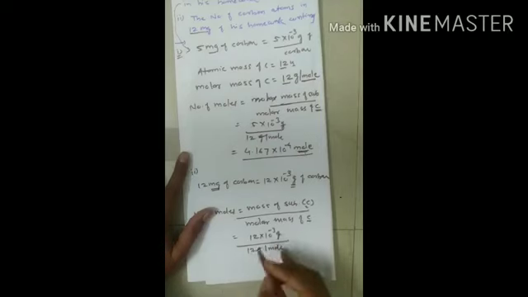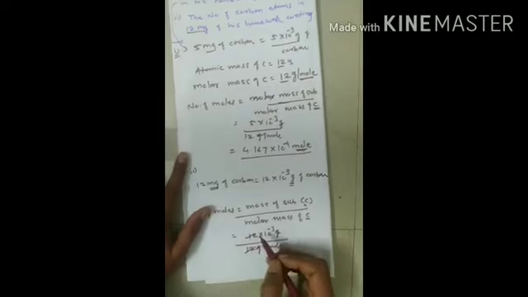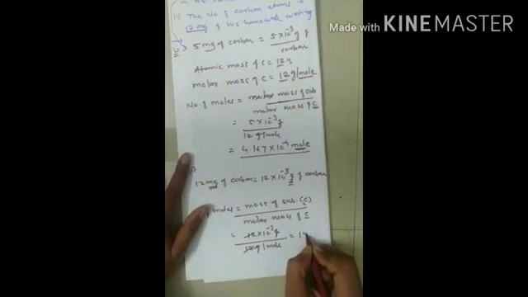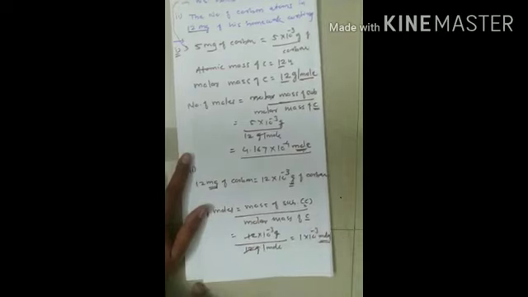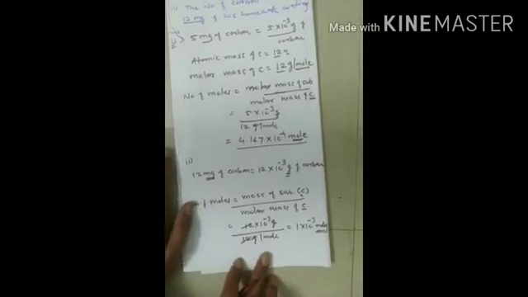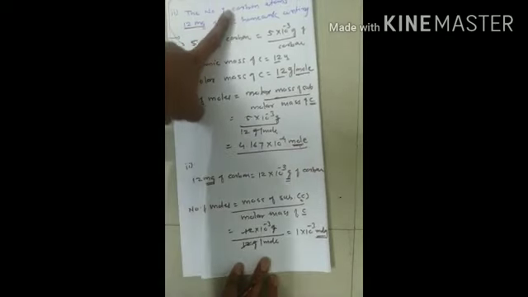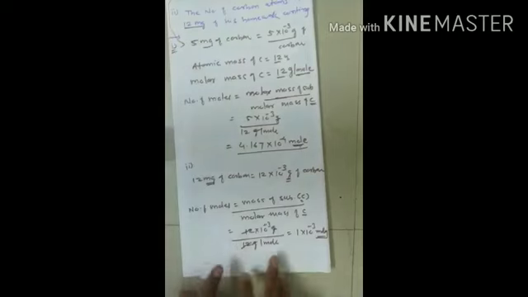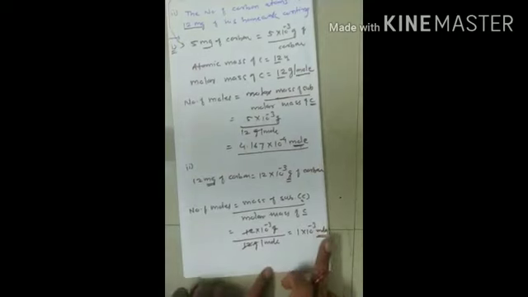The 12 gets cancelled out, and we get our answer as 1 into 10 raised to minus 3 moles. It means 12 milligram of carbon contains 1 into 10 raised to minus 3 moles only.